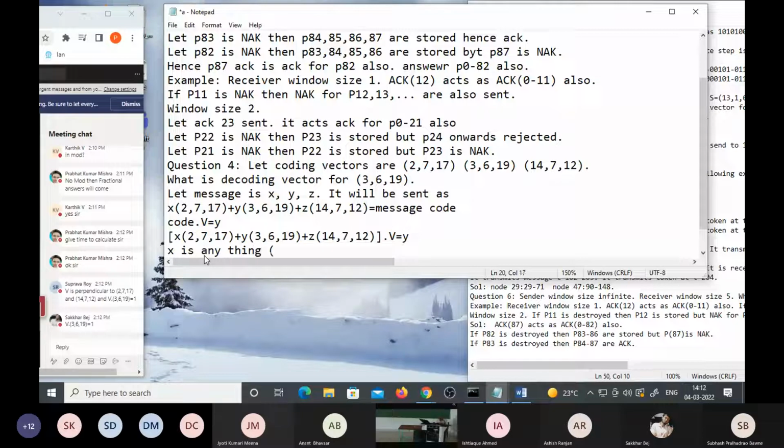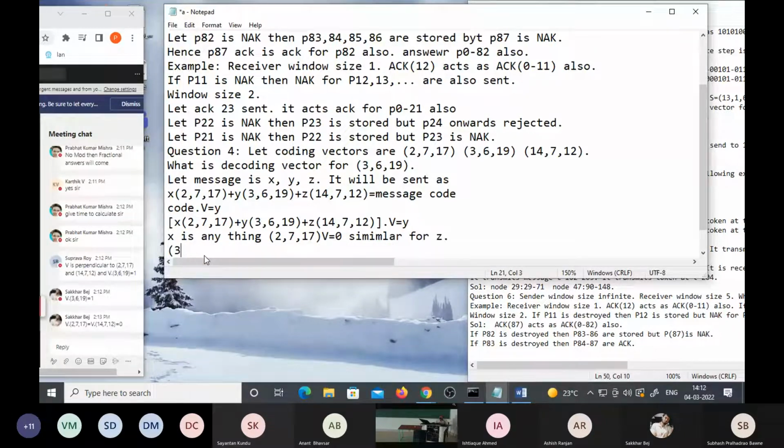It means that 2, 7, 17 dot V is equal to 0. Similarly for Z, 3, 6, 19 dot V should be 1. That is correct. Fully correct. So this property should be satisfied.